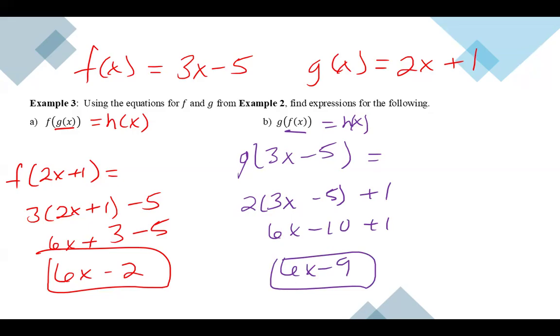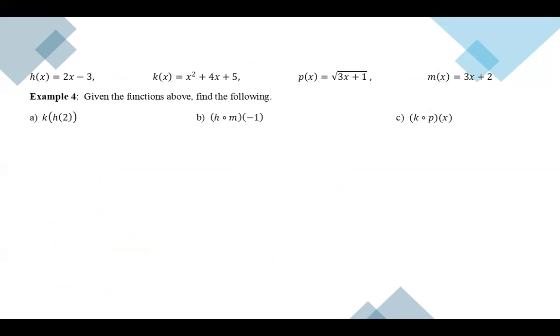Yes? All right. So, as we keep going, these are additional practice problems. So we have given the following function. Now, remember I told you that those letters can be interchangeable, right? It is not going to always be F and G. We now have H, K, P, and M. Okay? So looking at H, K, P, and M, I would like for you to evaluate the following compositions.